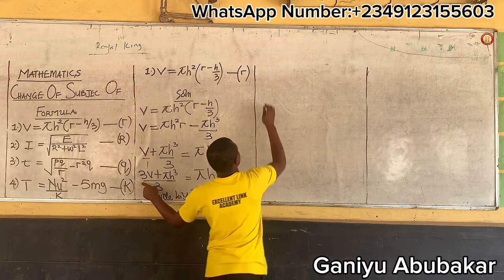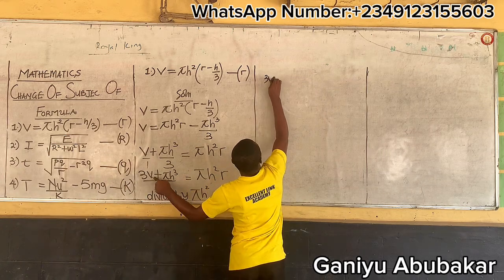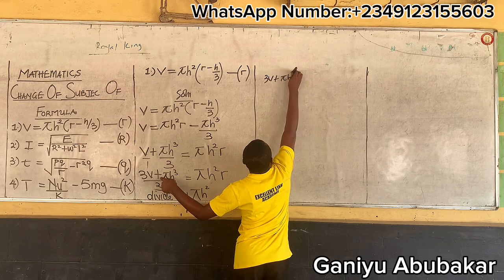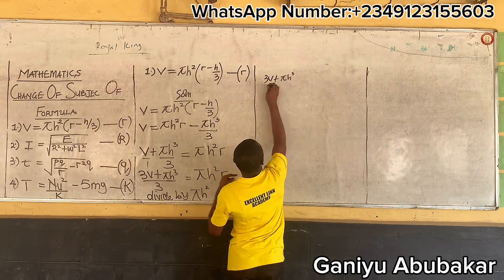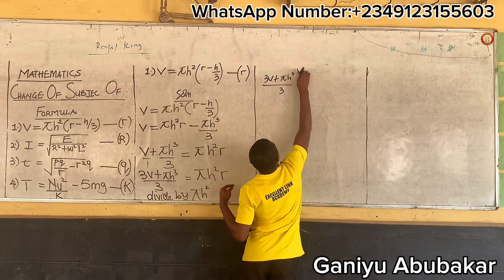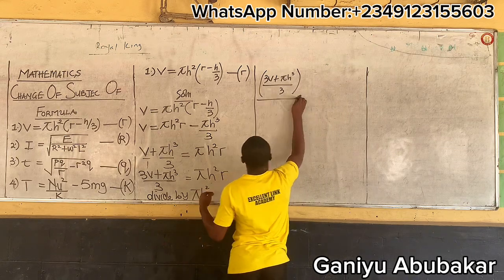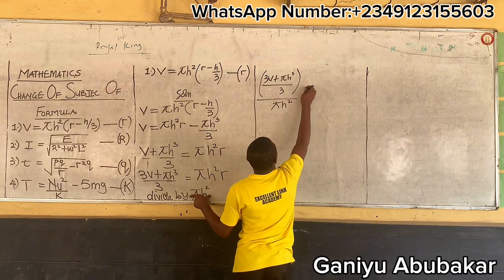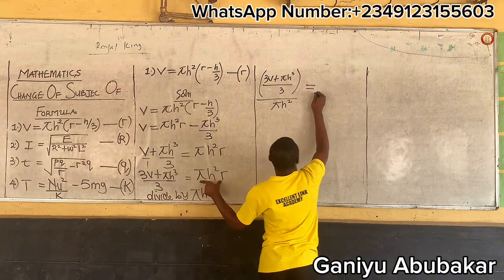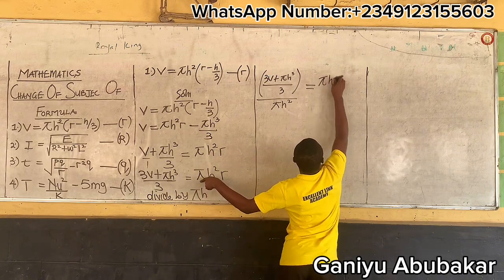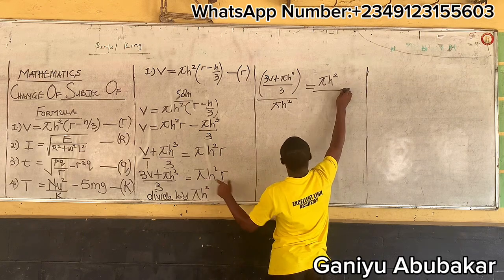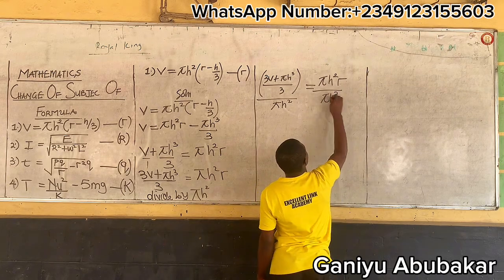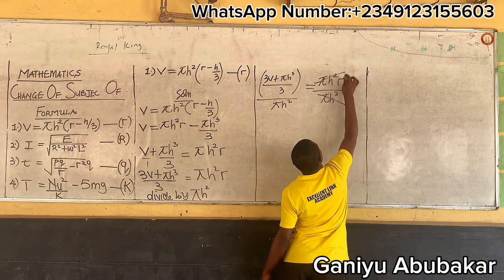So 3V plus pi h cubed over 3, divided by pi h squared, is equal to r times pi h squared divided by pi h squared. The pi h squared cancels, and I'll have r.